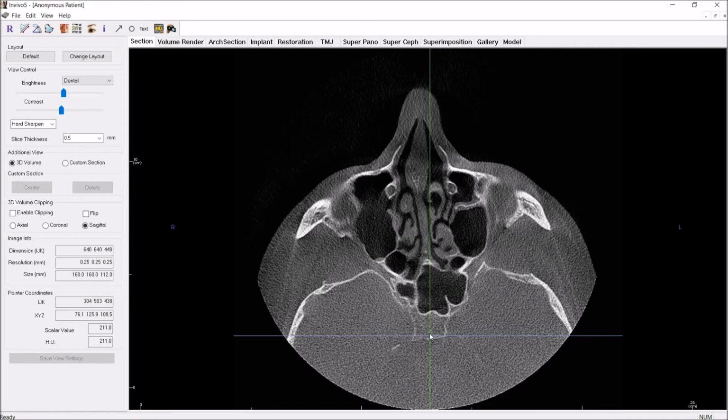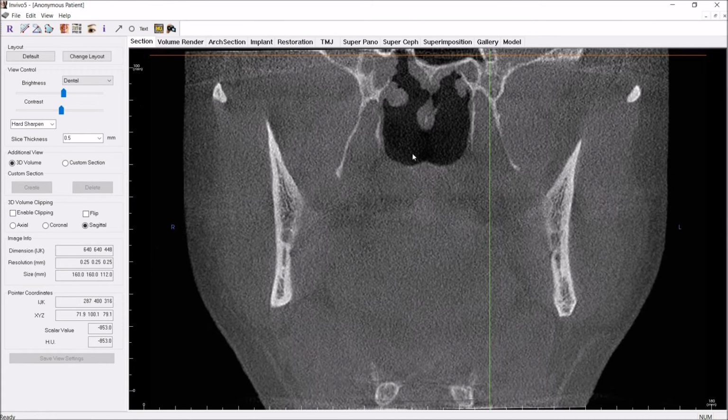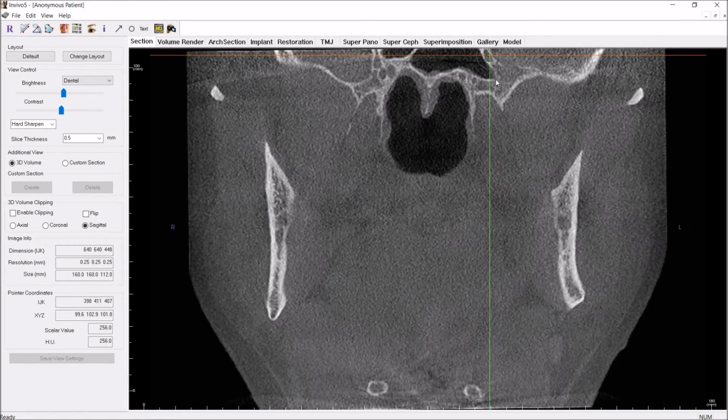It's good to look at these in the coronal view as well. So let's put our crosshairs on that. And this is kind of a standard appearance of the foramen rotundum as we scroll anteriorly.